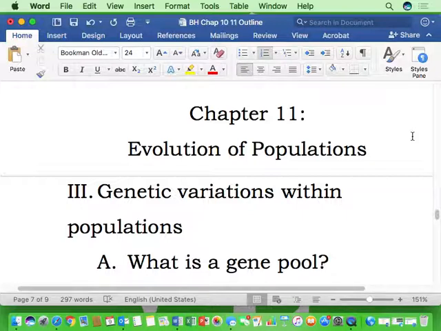A gene pool is all of the alleles that are present in a population. So what we're going to be looking at today is how that gene pool changes, factors that affect the gene pool.